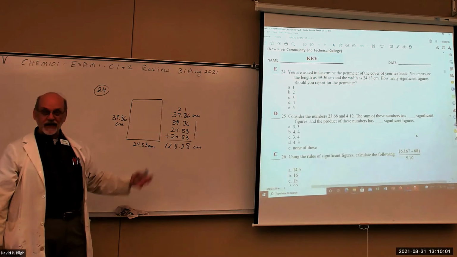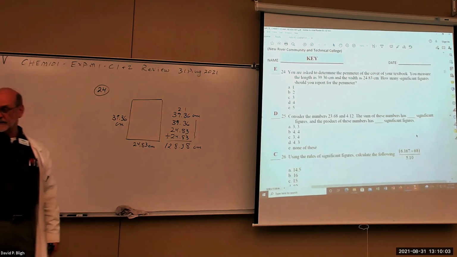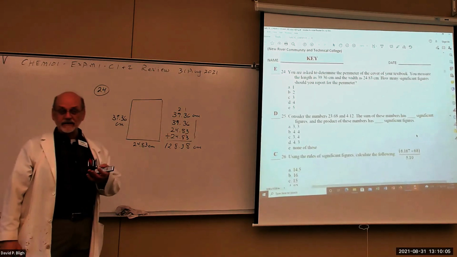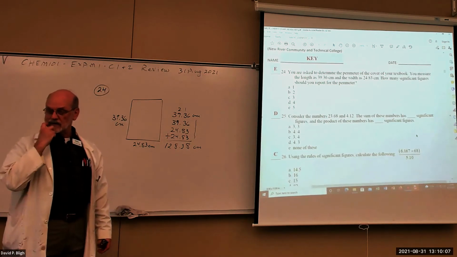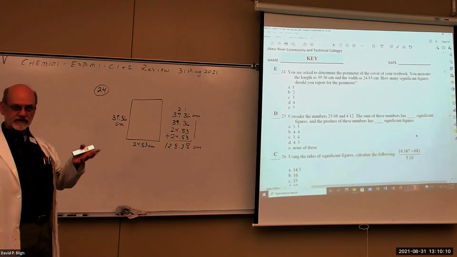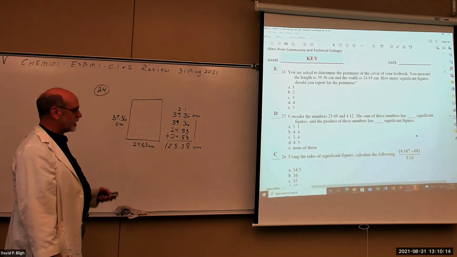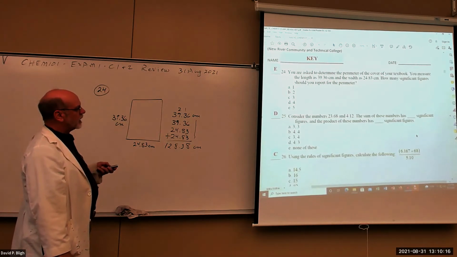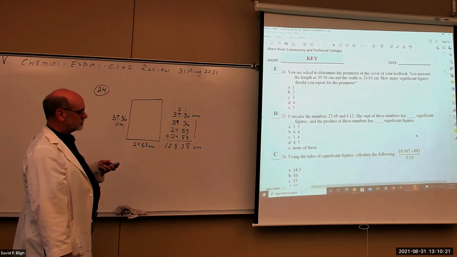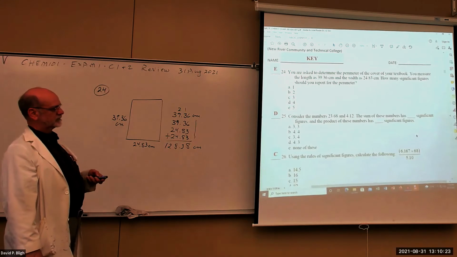So you just have to do the calculation to see what it is. Not like multiply and divide. You can determine that one. Just look at the smallest number of significant figures and you can answer that one quick. So 5. Right. I get 4 a lot on this question.